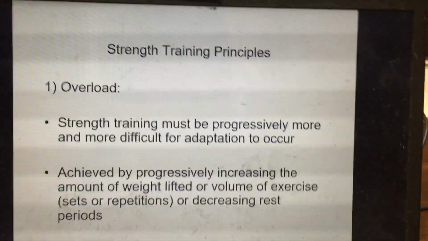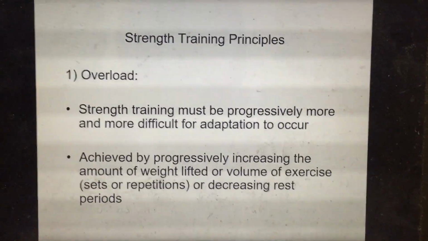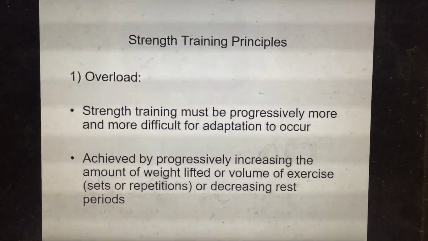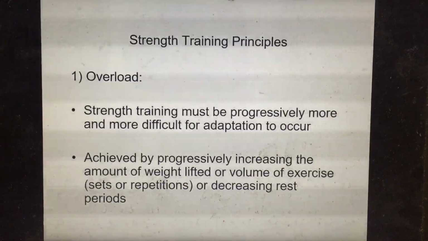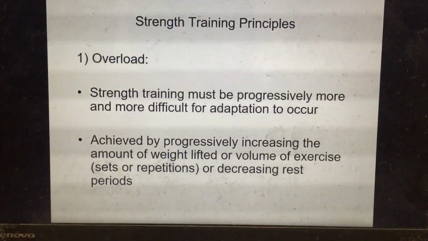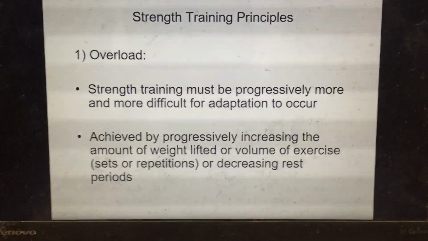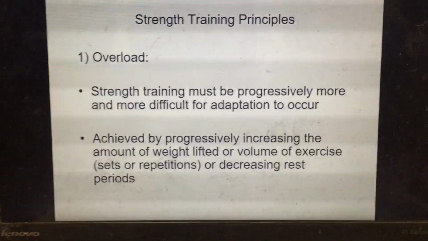The first principle is the principle of overloading, and that's simply that you must progressively increase the difficulty of your training sessions to achieve overload and for your muscle to have appropriate adaptation.